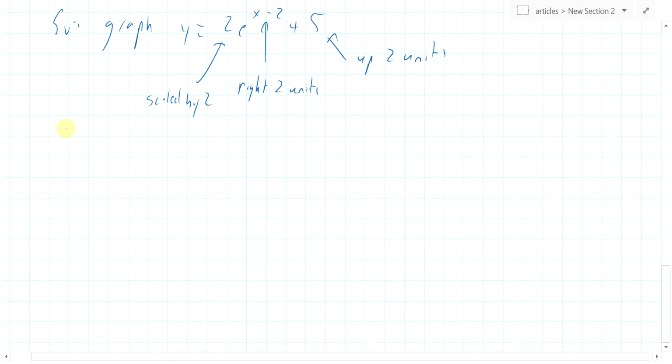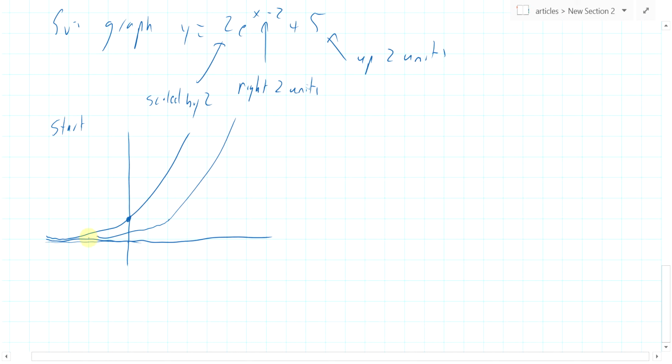So, start with your basic exponential graph, right, which looks like this. 1 unit from the place where it goes through the y-axis down to the height of the tail. Right 2 units means we just move it right 2 units. But it looks pretty much the same.